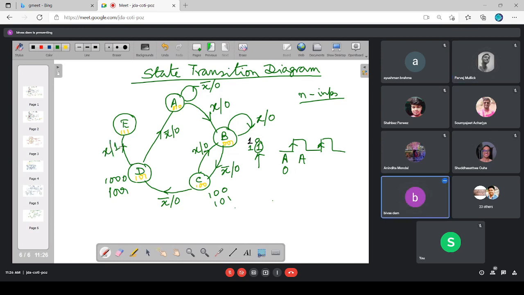Now you are in state E and you are allowing overlapping. So if you allow overlapping and you are in state E, that means this sequence is already available. Now if a 0 comes, what will be the inference?